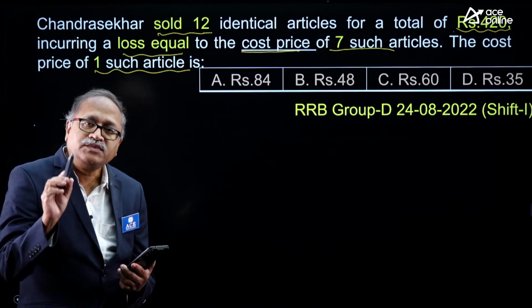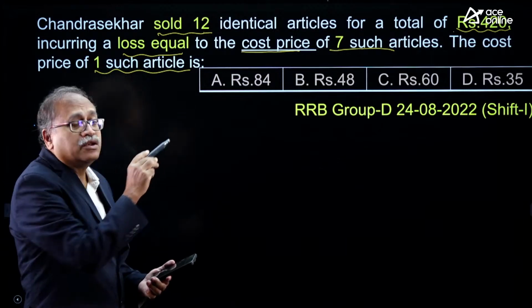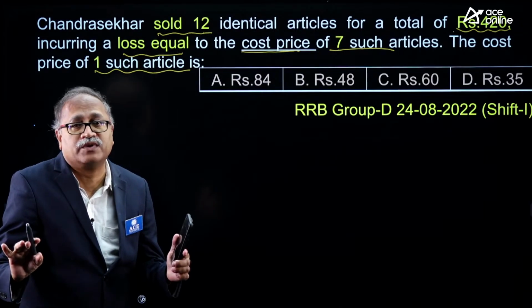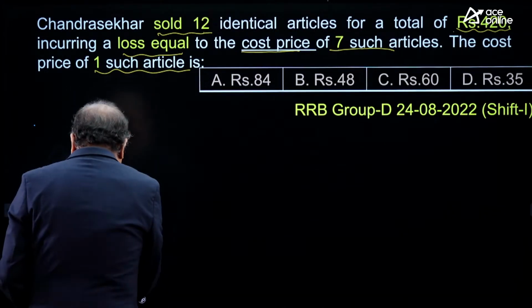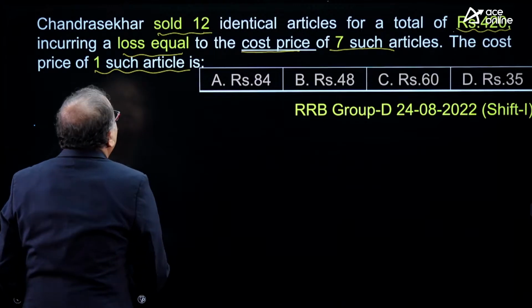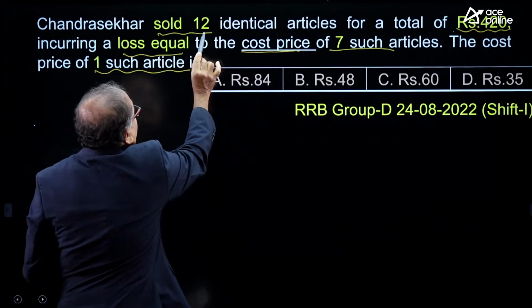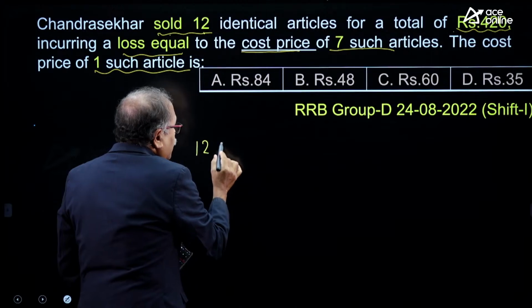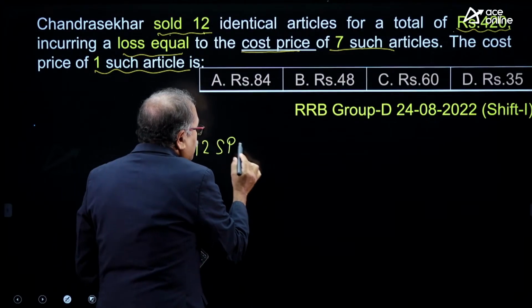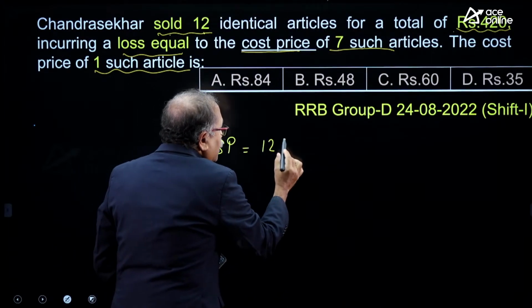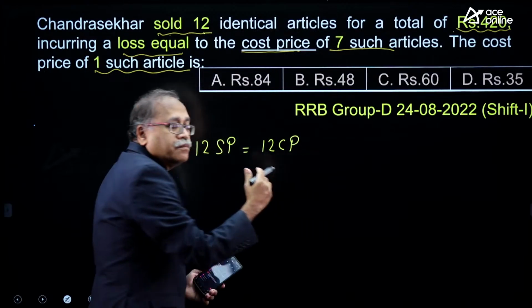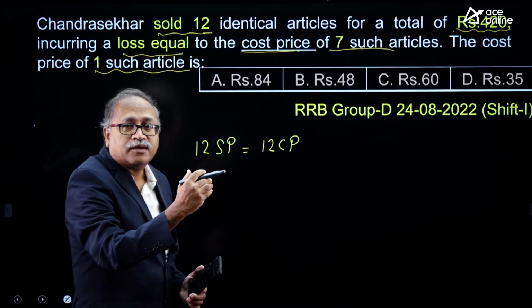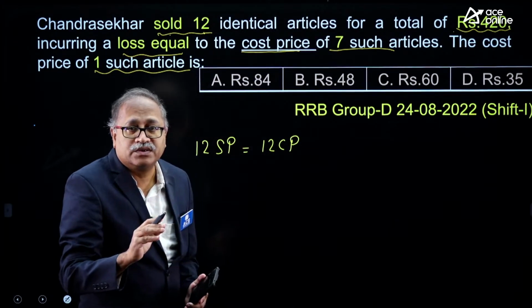Now, see the approach, and this kind of question is very common in profit and loss. So, what is the way to answer the question? He sells 12 articles. So, selling price of 12 articles, 12 SP, is equal to 12 CP plus profit or minus loss.